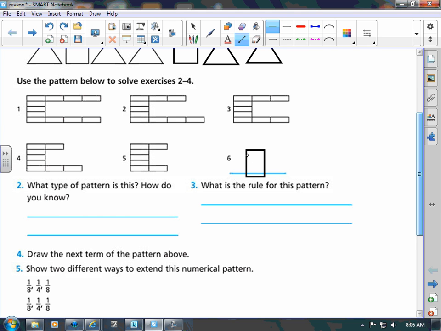Let's see, there are still 1, 2, 3, 4. I think that's how many there are. One more. Sorry, let me move these up. And then it would have a foot here.